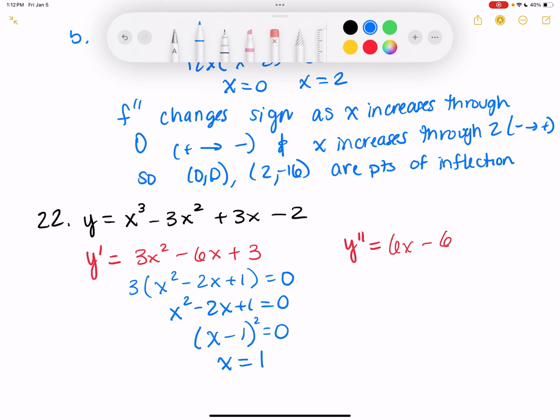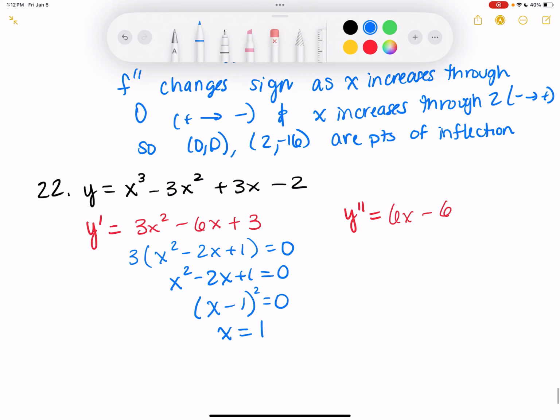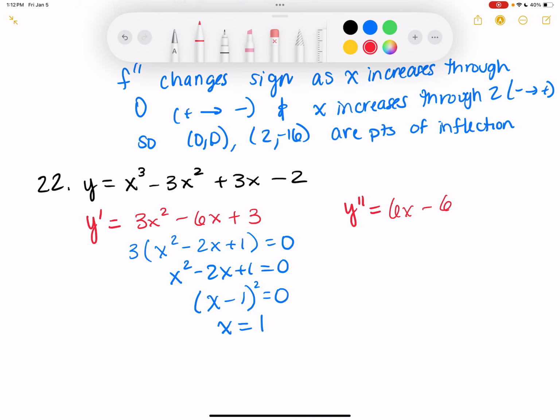So f double prime at 1 would be equal to 6 times 1 minus 6, which is 0. So what does that mean? The second derivative test failed.